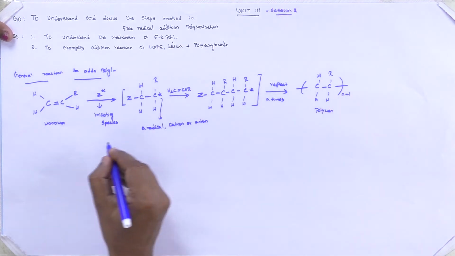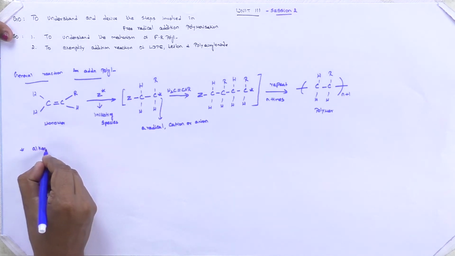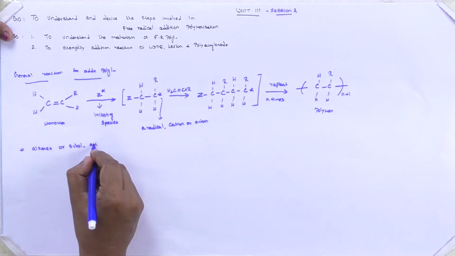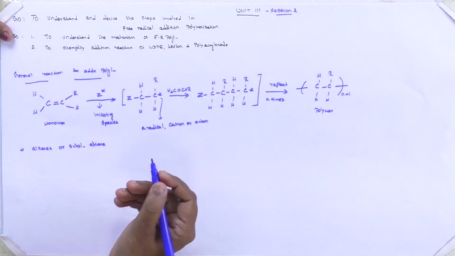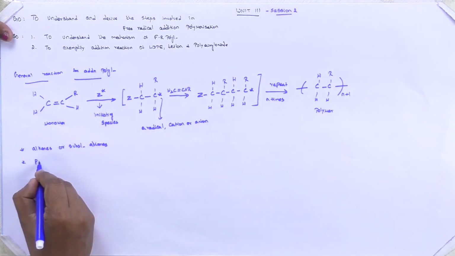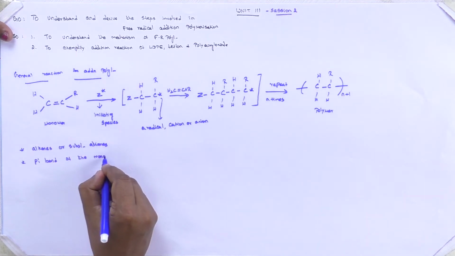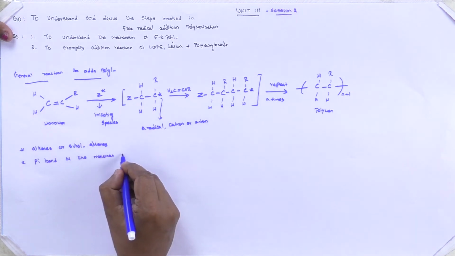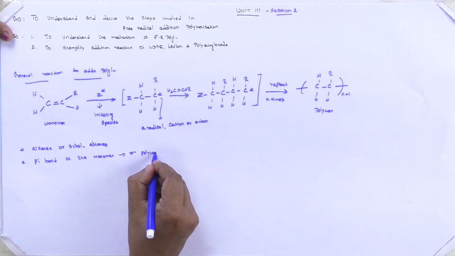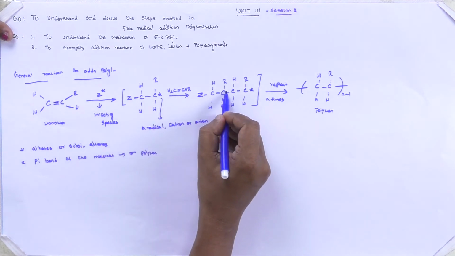Generally, addition polymerization takes place in alkenes or substituted alkenes, and here the pi bond of the monomer will be converted to the sigma bond of the polymer.